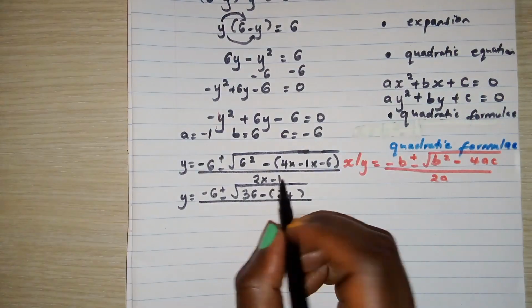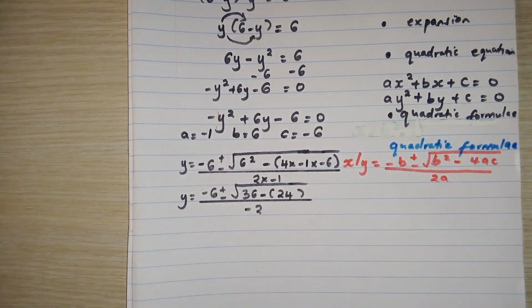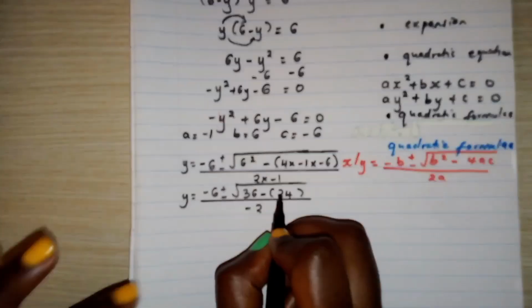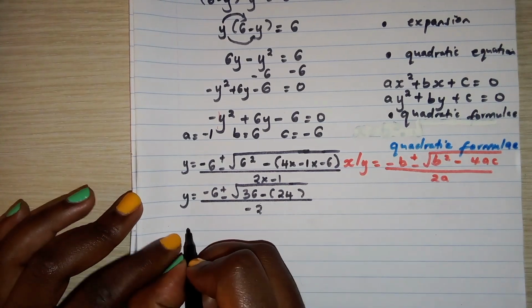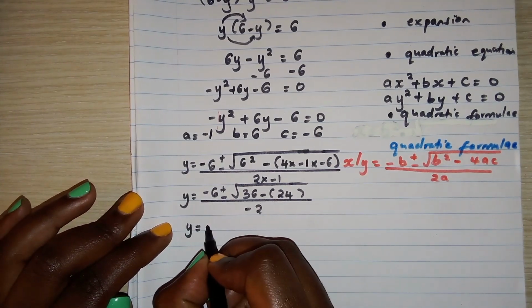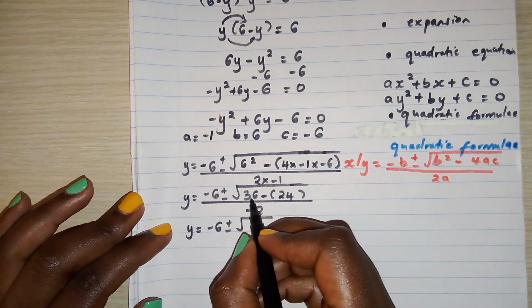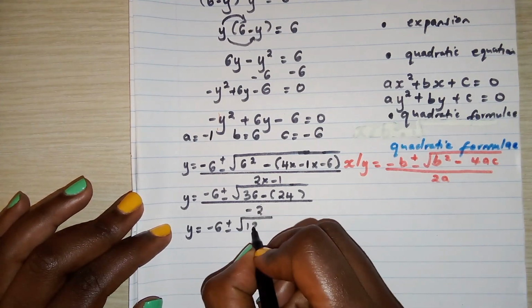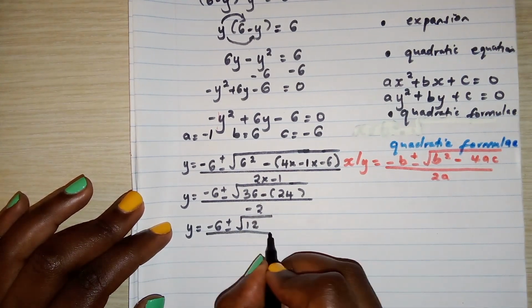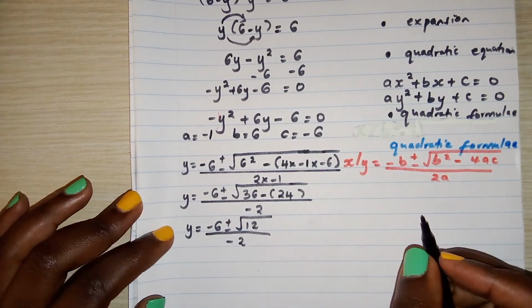Then all over 2 times negative 1, which is negative 2. So 36 minus 24 is 12, right? So y equals negative 6 plus or minus root 12 all over negative 2.